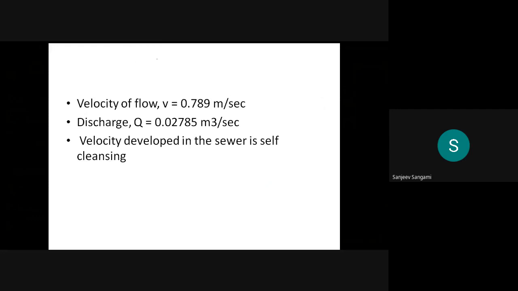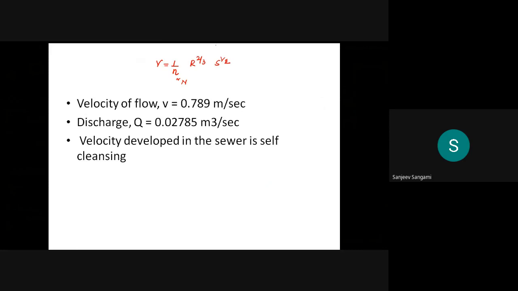First, apply the Manning's formula, that is V is equal to 1 by N, or we can say capital N, whichever it is, R to the power 2 by 3, then S to the power half.